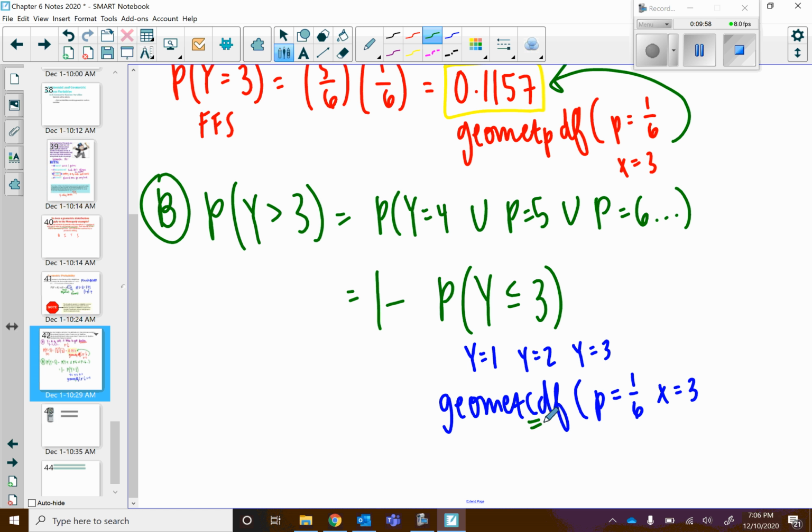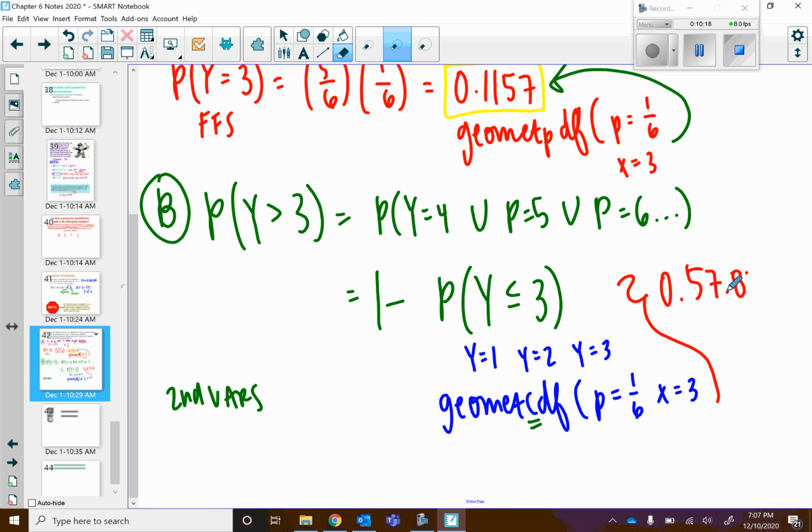And both these commands are in the exact same place as binomial CDF and PDF, so second vars. If you want to pause the video to find your calculator and calculate this problem, otherwise you should get 57.87 if we made it a percent, or 0.5787 as a decimal. There's a 58% chance that it will take me more than 3 turns to roll doubles.